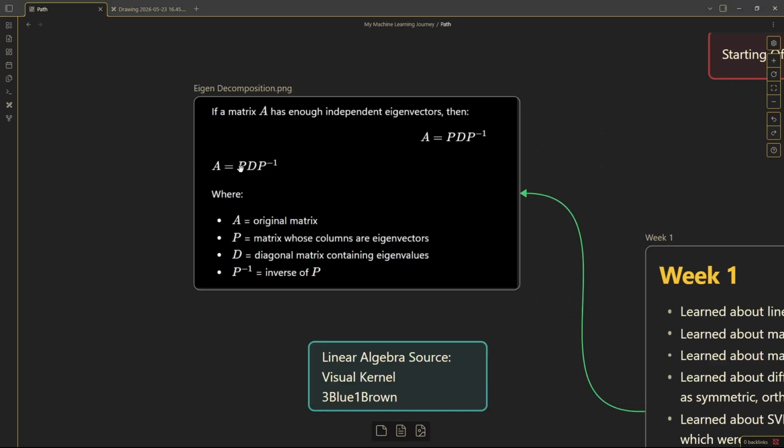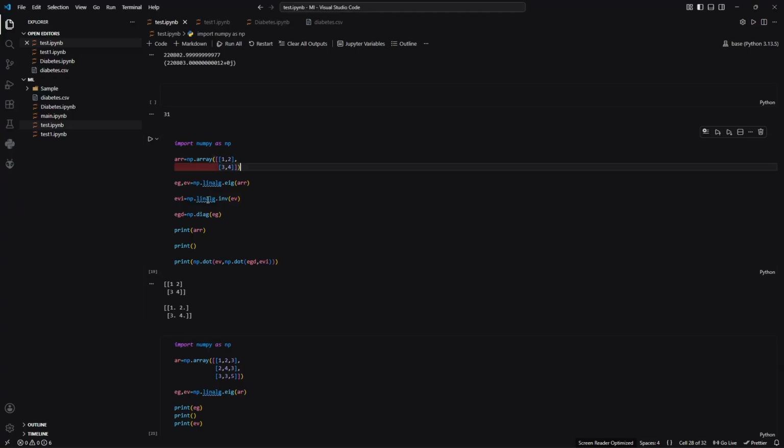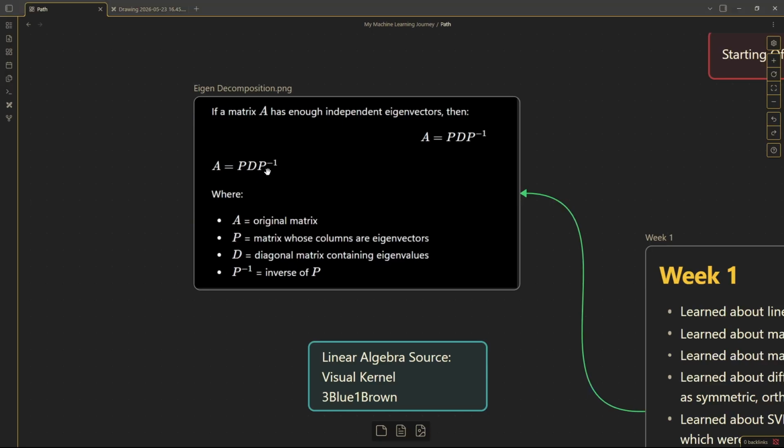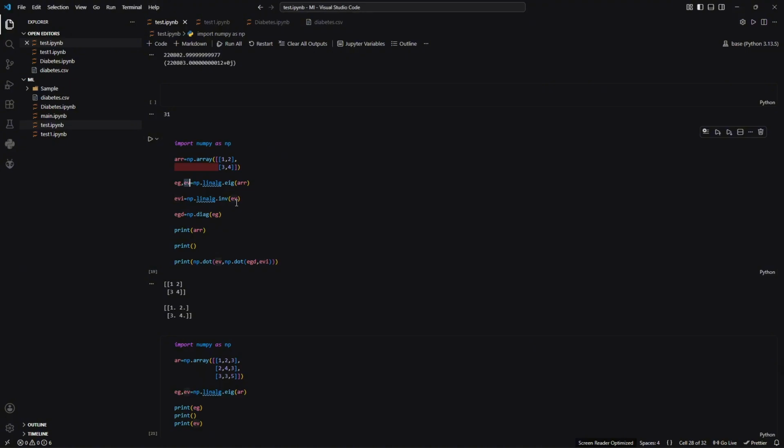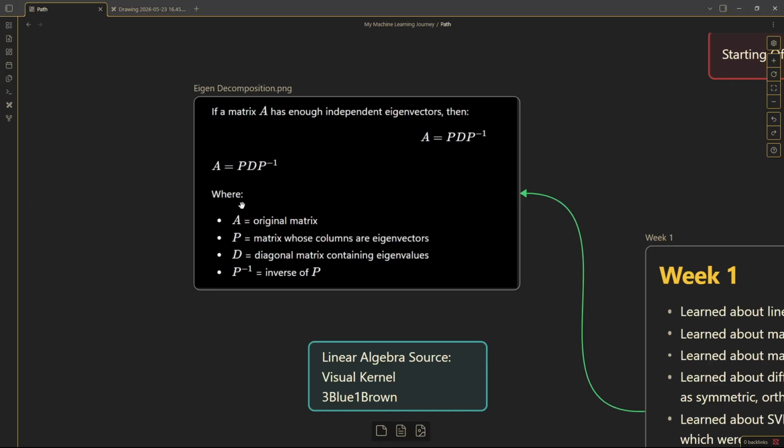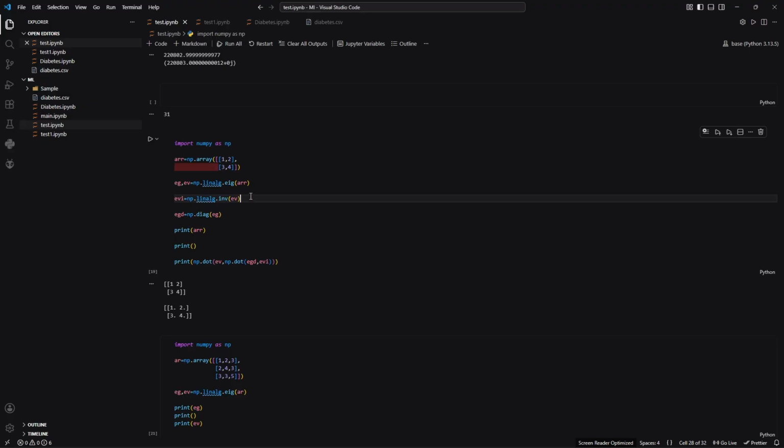As we can see, P represents the matrix of A's eigenvectors, where EV is the vector of eigenvalues, and P inverse is the inverse of the matrix of eigenvectors of A, and I did the inverse here. Now according to this equation, if we take the dot product of these three together, we are going to get the A matrix, which is this matrix. And as you can see, after multiplying the three of them together, I get 1 2 3 4, the same matrix as this. This just proves the theorem.